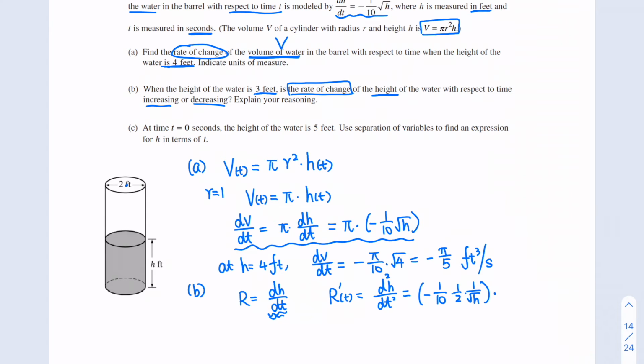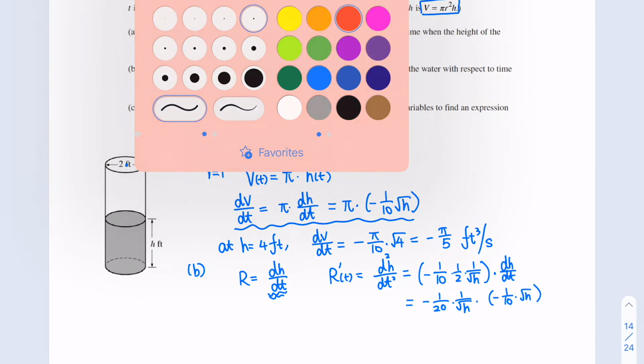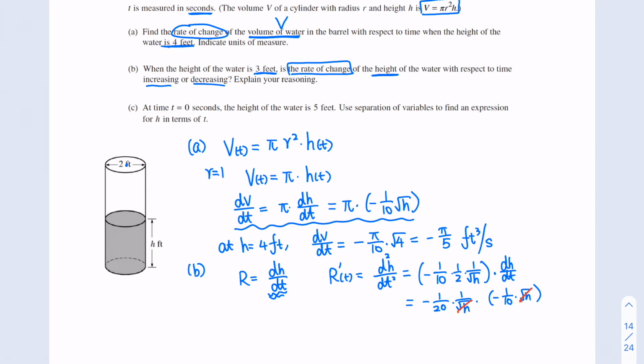Then we take the derivative of h with respect to t. So this equals negative 1 over 20, 1 over radical h, times negative 1 over 10 radical h. Now we simplify a little bit. This is cancelled. So the final answer is 1 over 200.